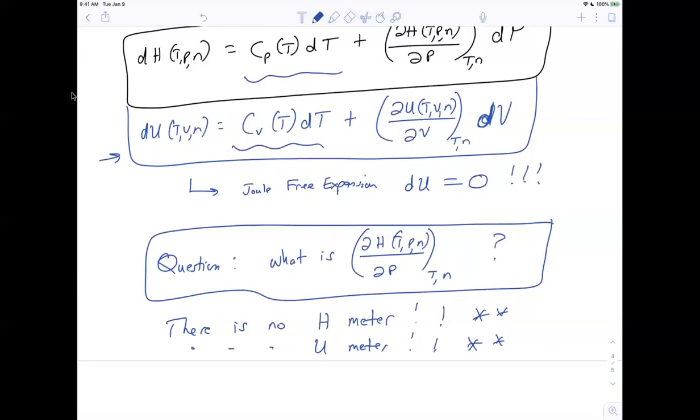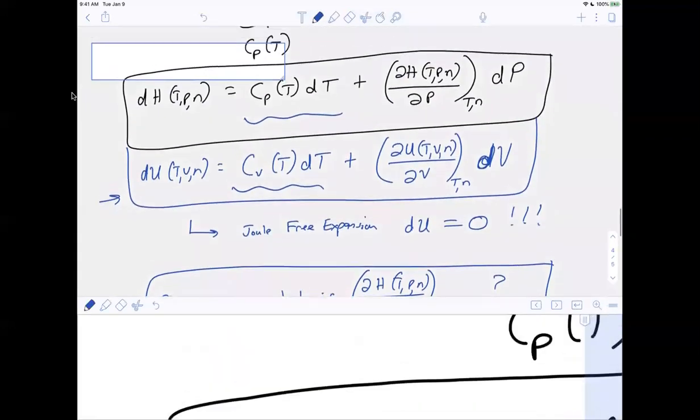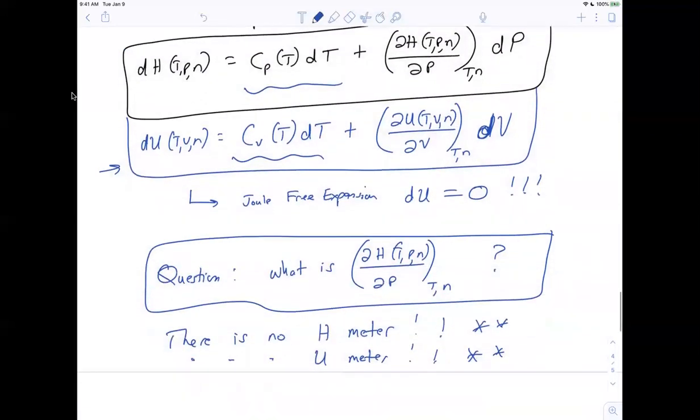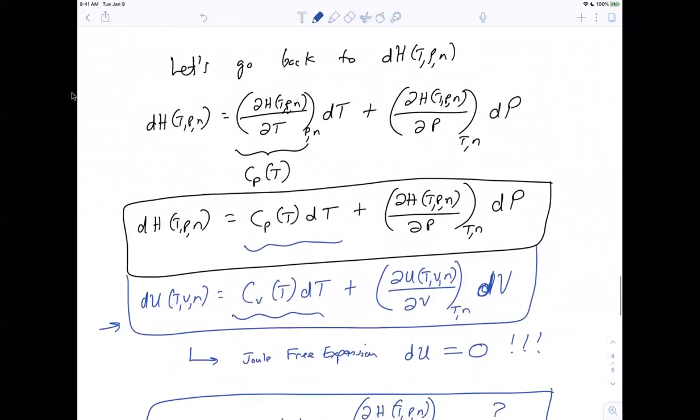So this expression, the one at the top, is a general expression, and it arises from our general expression for the total differential of H. So this thing that I just labeled with a blue arrow, now there's two blue arrows. This is a general expression.